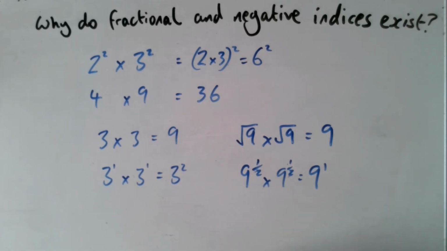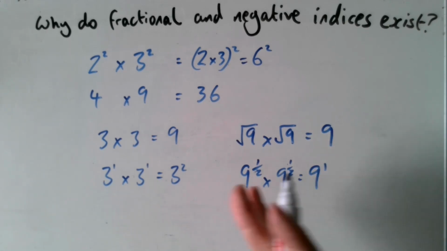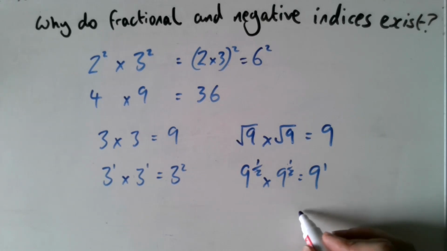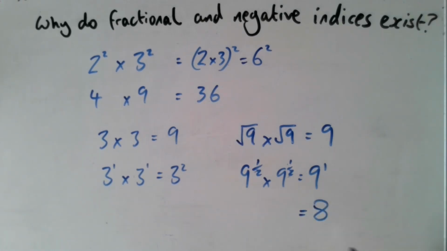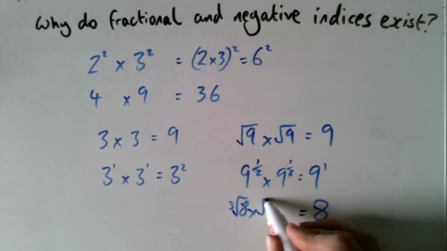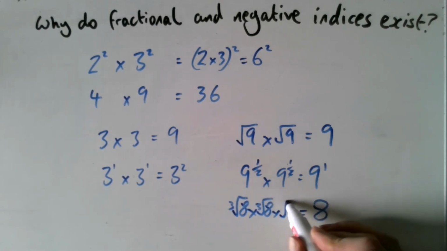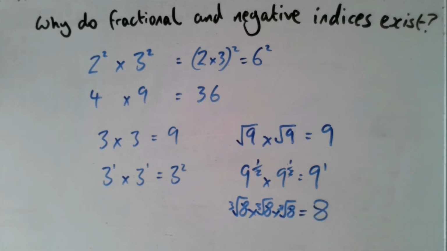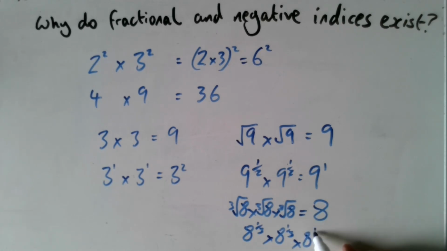Now, if we were to have a power of 3, then that can come down and we can get thirds as well. If I had 8, for example, it is the cube root of 8 times the cube root of 8 times the cube root of 8. Well, we know the cube root of 8 is 2, but we can also think of it as 8 to the third times 8 to the third times 8 to the third.